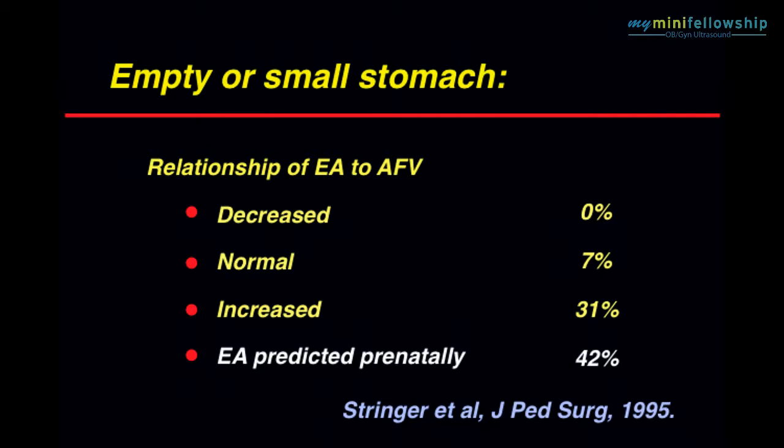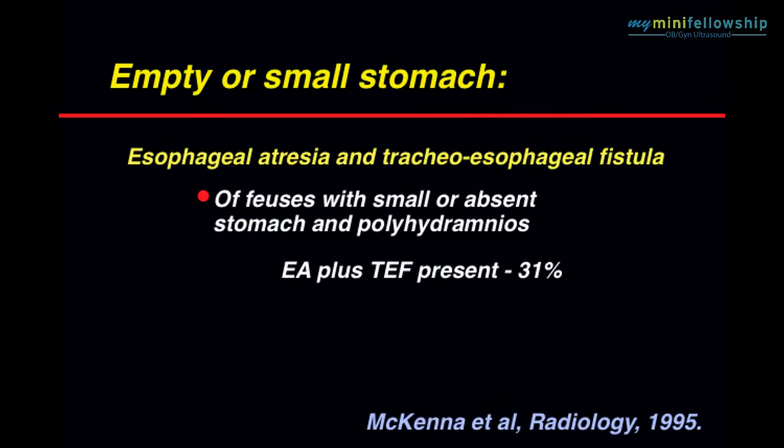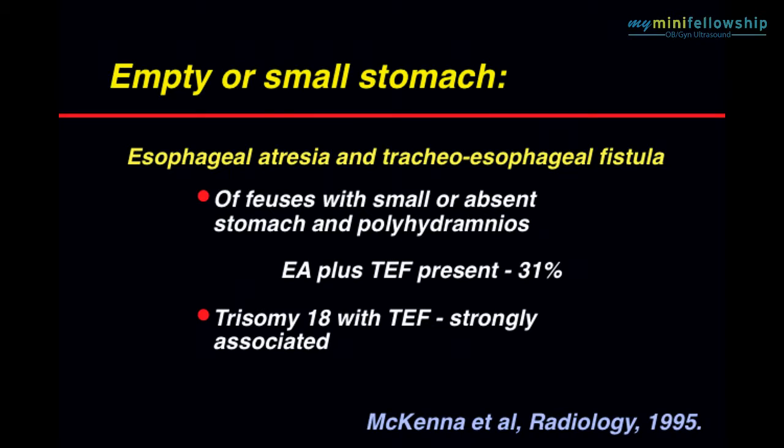So it is always a presumptive diagnosis unless you can see a dilated esophageal pouch in the chest or neck, and that means that overwhelmingly it is going to be a presumptive diagnosis. So when we look at esophageal atresia with tracheoesophageal fistula, of the fetuses with small or absent stomach and polyhydramnios, it was present in less than a third, and when it was present, it was strongly associated with trisomy 18.